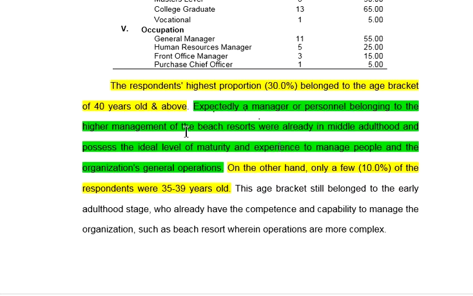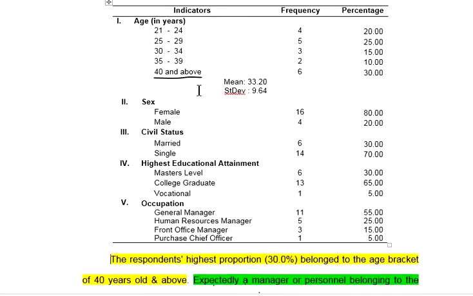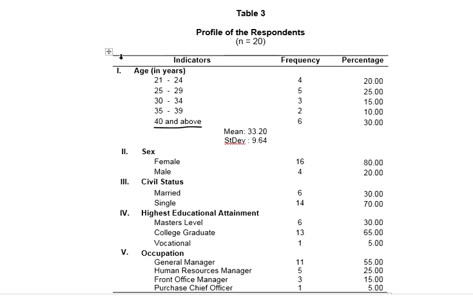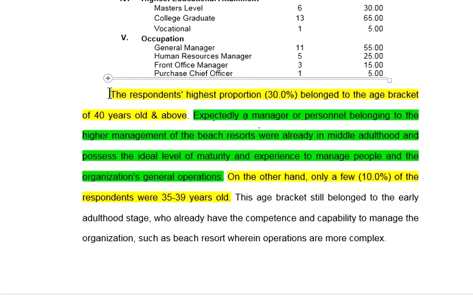So again, I will repeat. You have a presentation of the data here in a table form, and then you will have a presentation of the data again, highlighting the highest and the lowest.